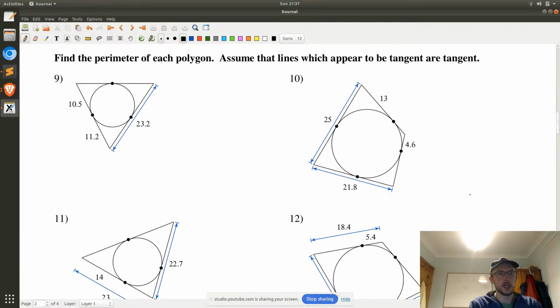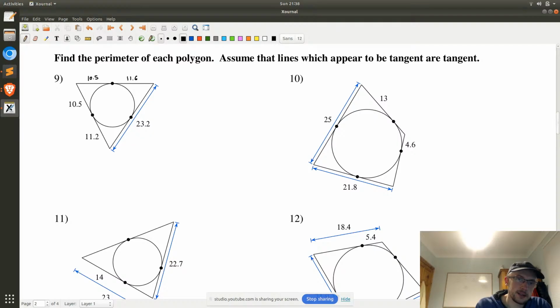Find the perimeter of each polygon, assuming that the lines which appear to be tangent are tangent. All right. Okay, so 10.5 and 11.2 is 21.7. Oh, I know. These are equal in length. Of course they are. That's 10.5. And this divided by 2 should be 11.6.